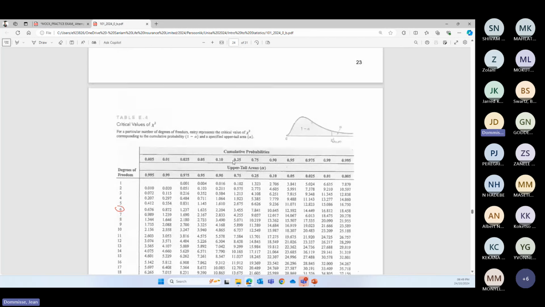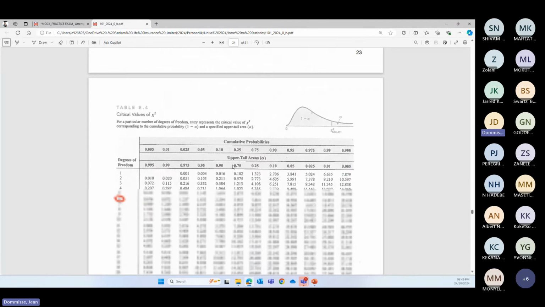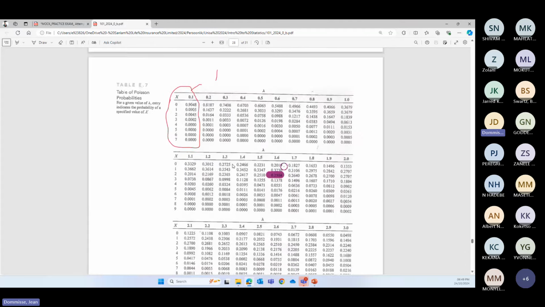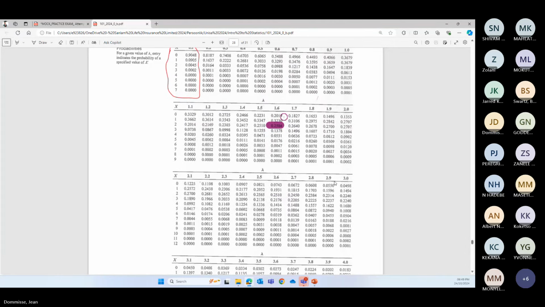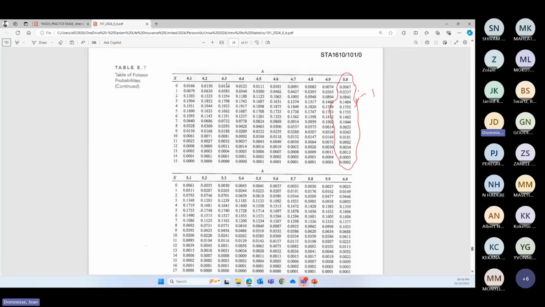So if we go to the table, now we need to go find Poisson. I said 4.3. Yes, 4.3, but now we need to go for 4.3. And let's quickly see.